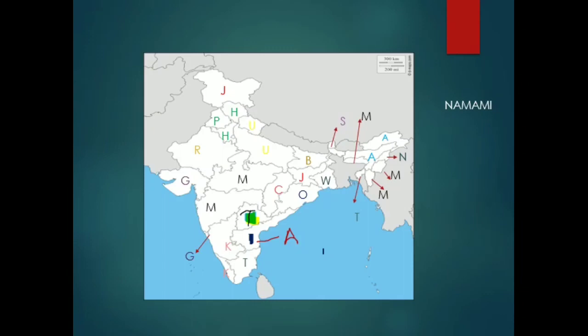So these 3 states from the northeastern side, centrally located Madhya Pradesh, and south of Madhya Pradesh you can see Maharashtra. So there are 5 states with the letter M. This way you can recollect while you are marking it, and you can memorize easily. So this is one of the simple steps to memorize the states with the help of alphabetical order.